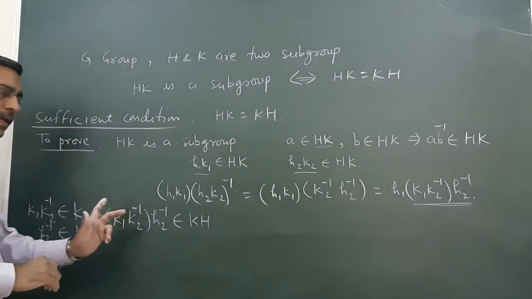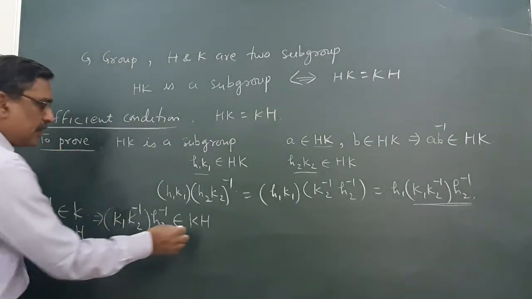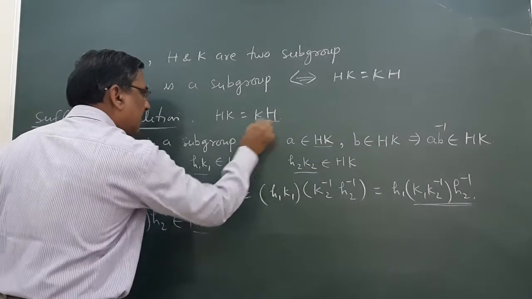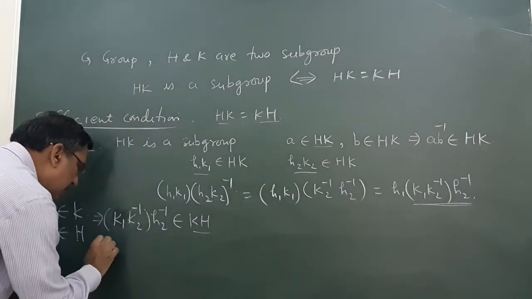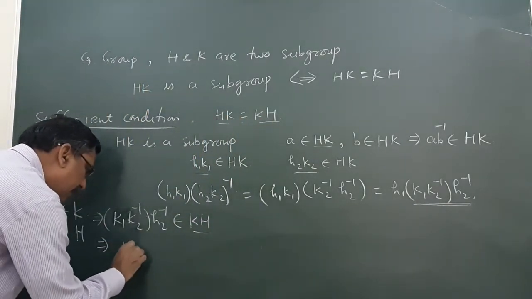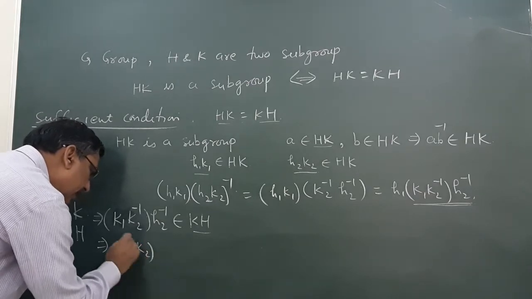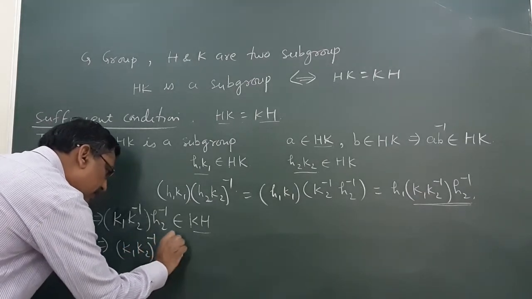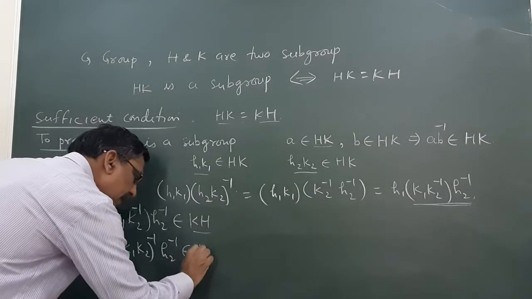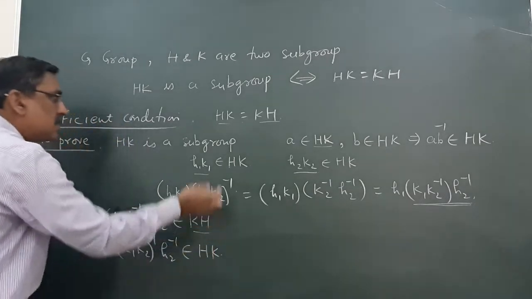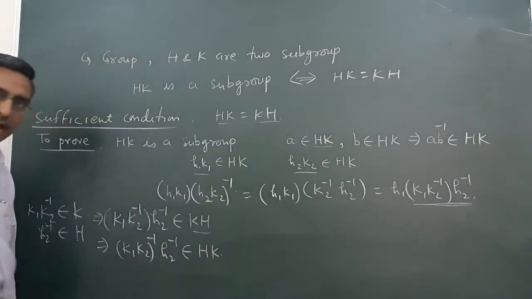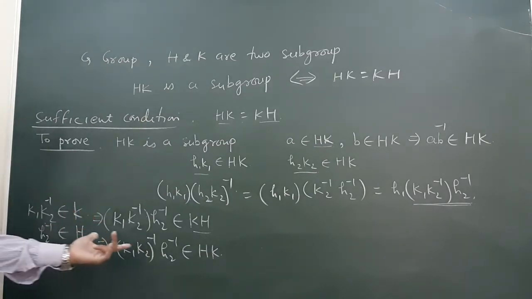And we are given KH is nothing but HK. So this implies K1 K2 inverse H2 inverse belongs to HK also, since we are given HK is equal to KH. Therefore this belongs to HK.